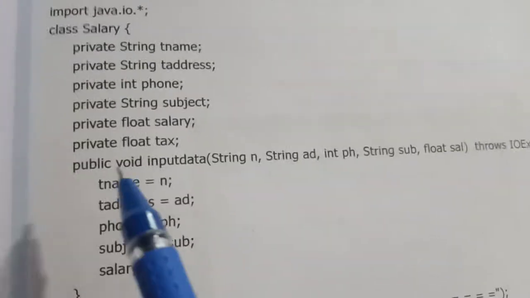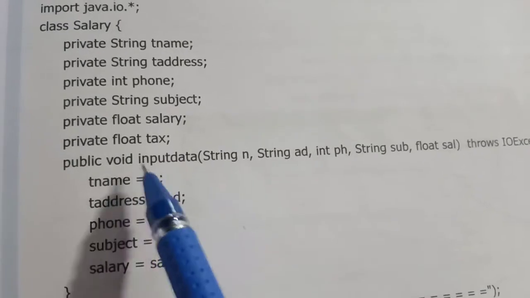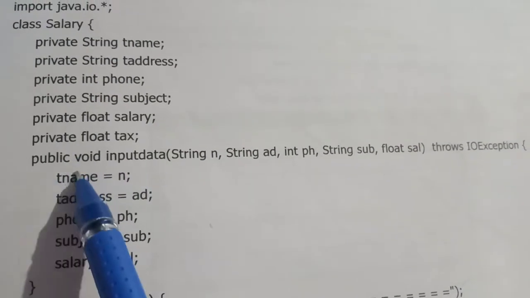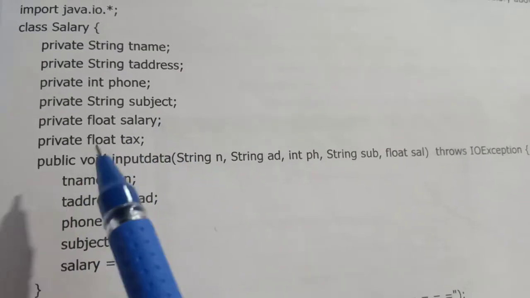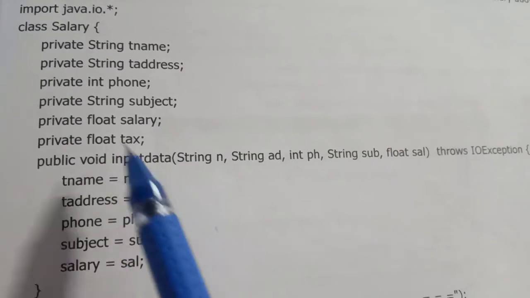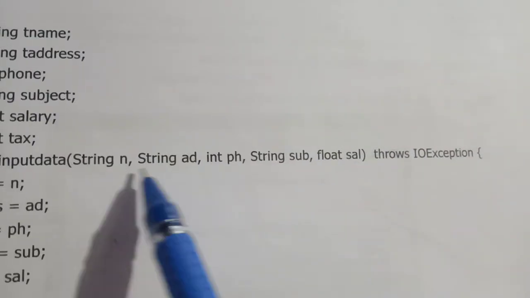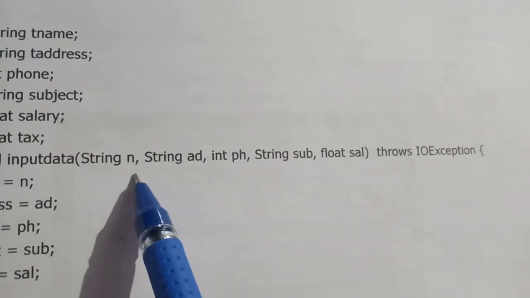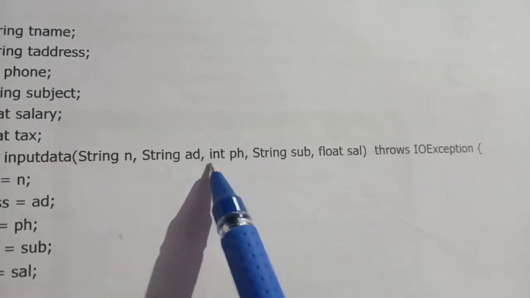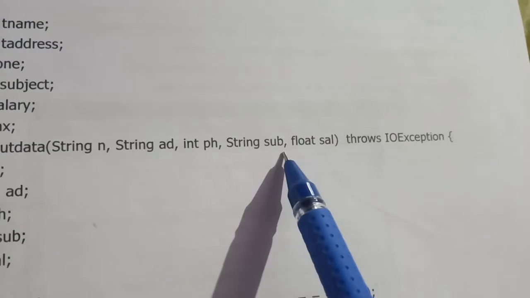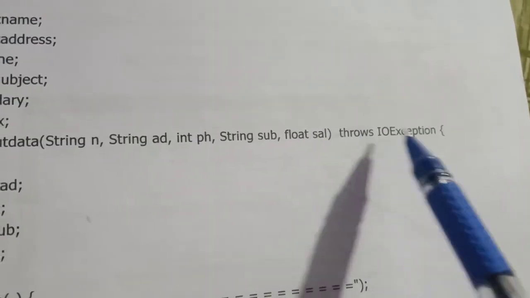Tax. Then here we have made a class, and here we have made a method. Input data, public void inputdata. That day I made you understand how to create a method and how to pass parameters. So these are the parameters: String n, String ad for address, int ph for phone number, String subject, float salary, throws IOException.